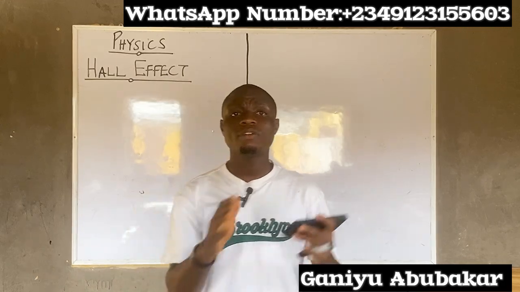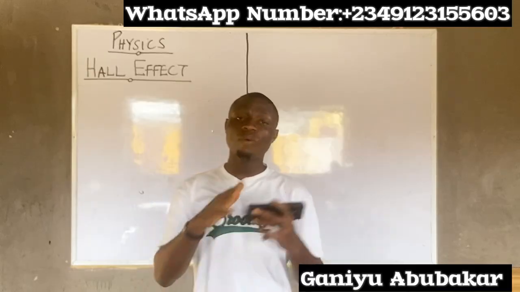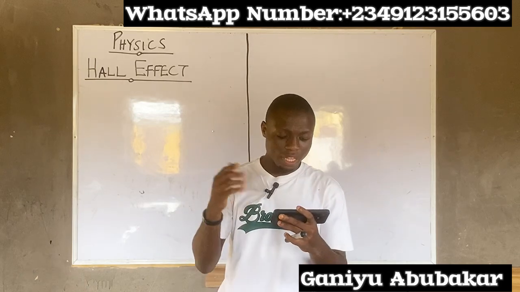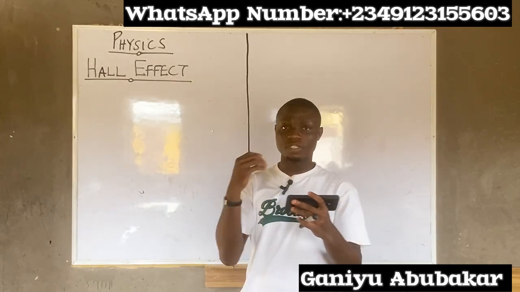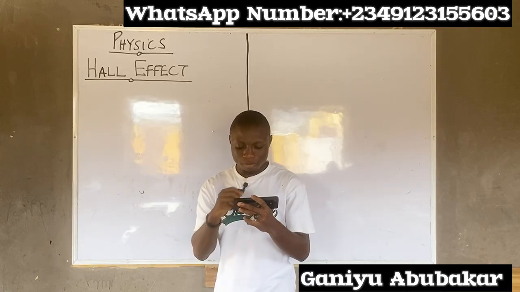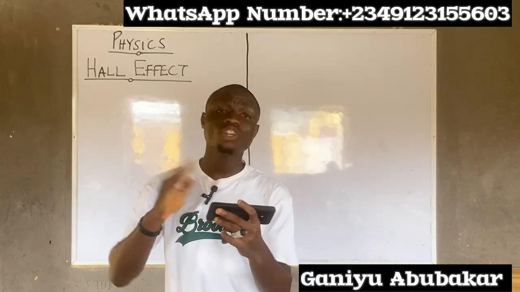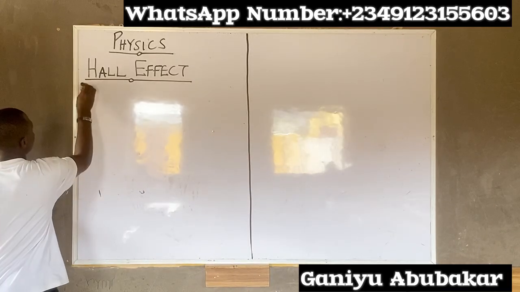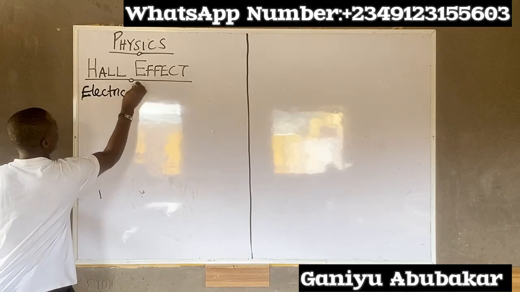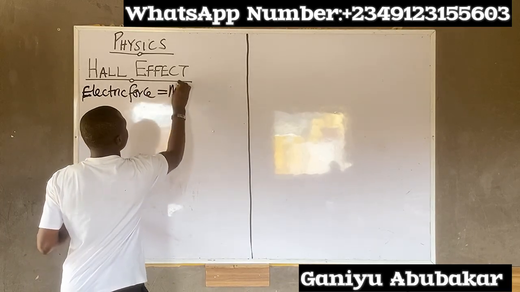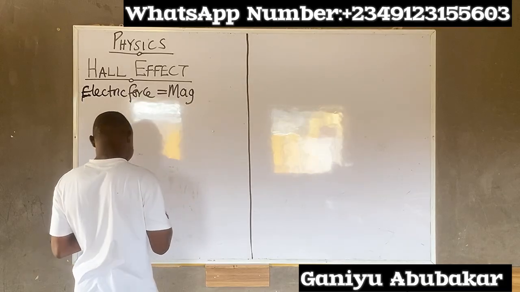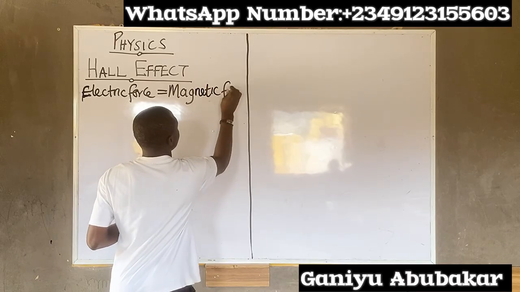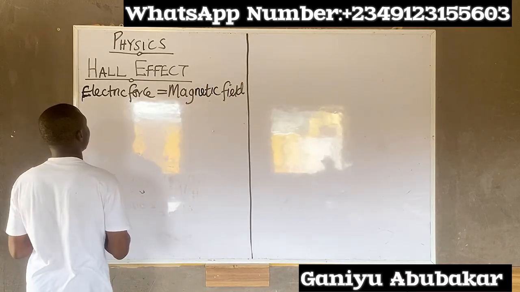Let's look at the formula for the Hall effect. I won't just give you the formula; rather, I'll prove the formula derivation. From experiment, the electric force is equal to the magnetic force.